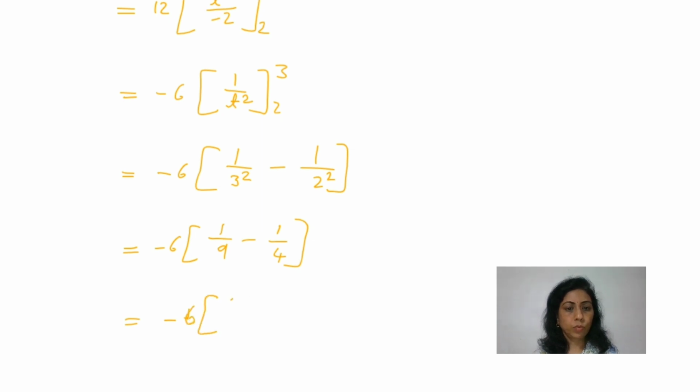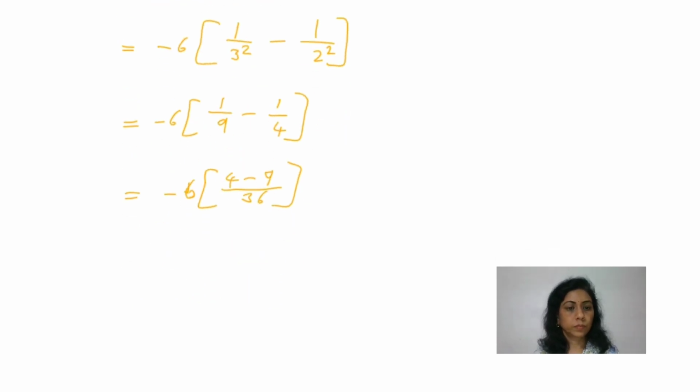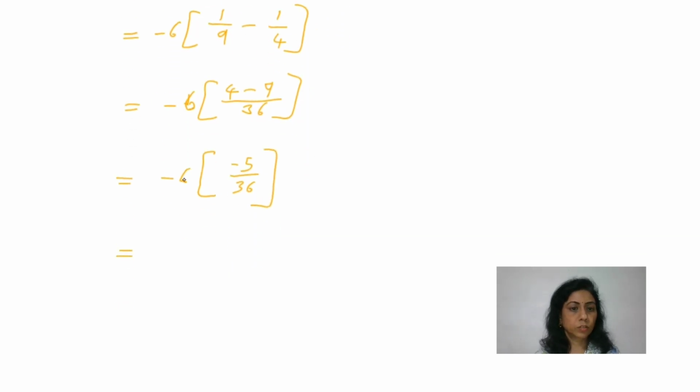So here 4 minus 9 divided by 9 times 4, 36. Minus 6, and this is minus 5 over 36. Minus minus plus, 6 cancelled by 36. So we get 6, so the answer is 5 upon 6. And this is our final answer.